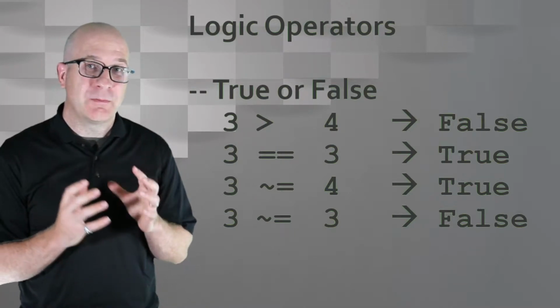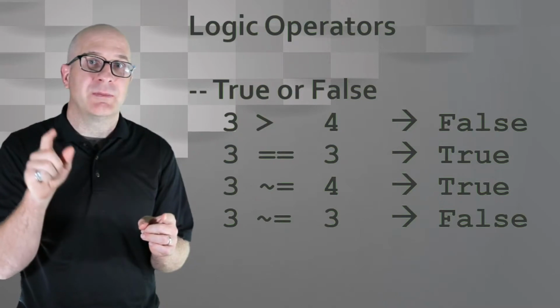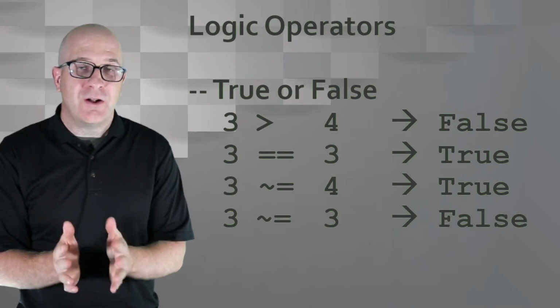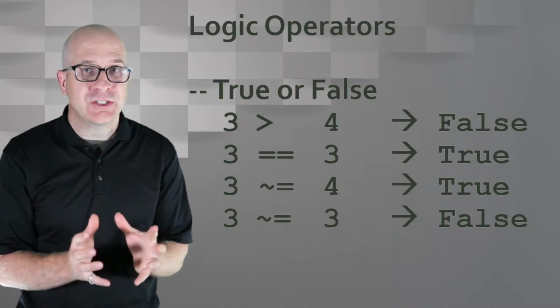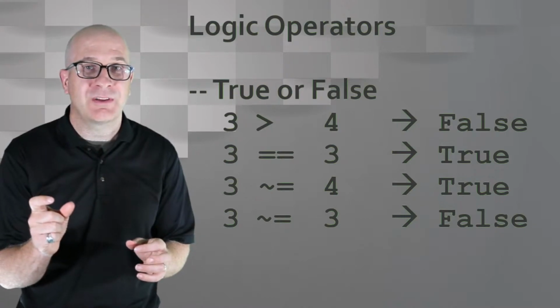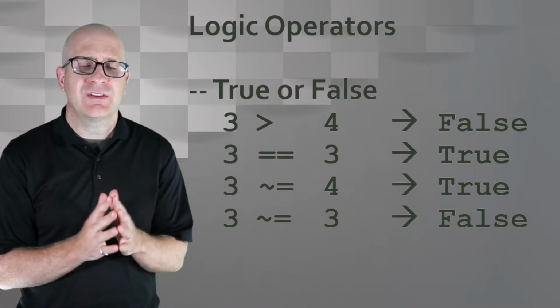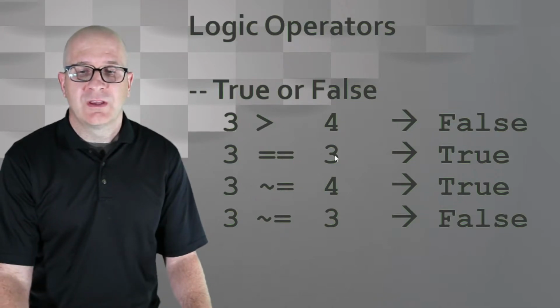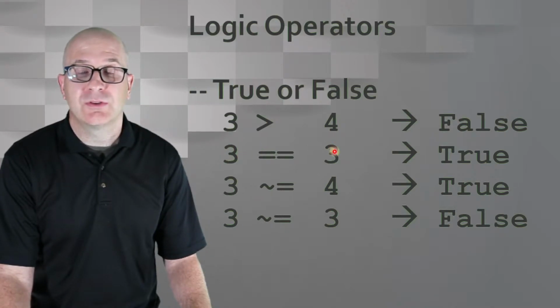And the computer will also say that if we write 3 greater than symbol 4. When the computer says false, what it actually hands back is a value of 0. So 0 represents false and 1 represents true. The second example is 3 equal to 3?